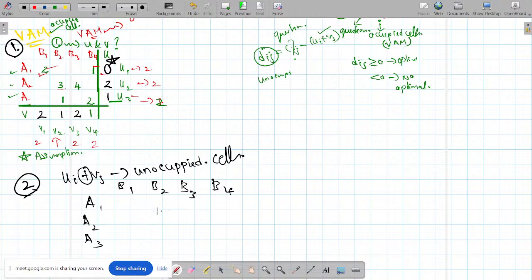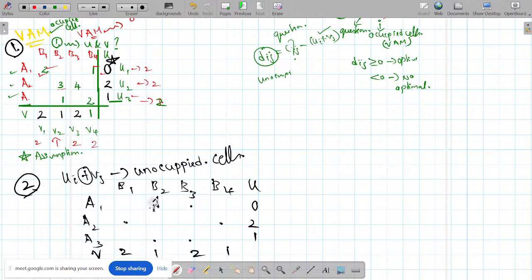What are the unoccupied cells? Let me place a dot so as not to get confused. What are my U values? 0, 2, 1. What are my V values? 2, 1, 2, 1.